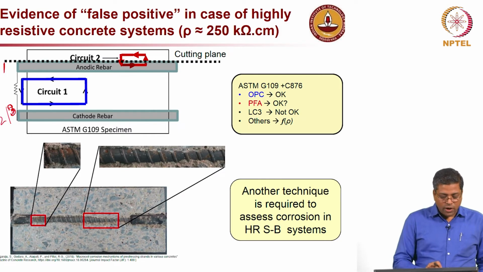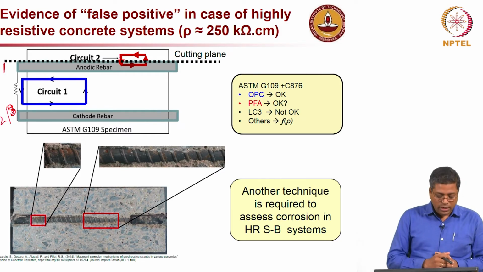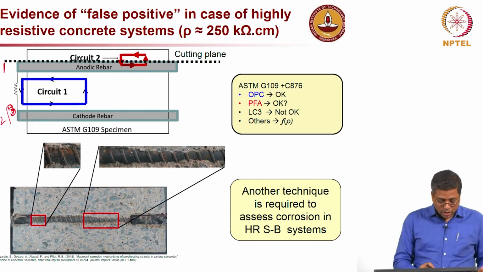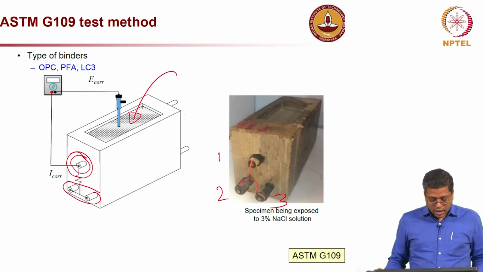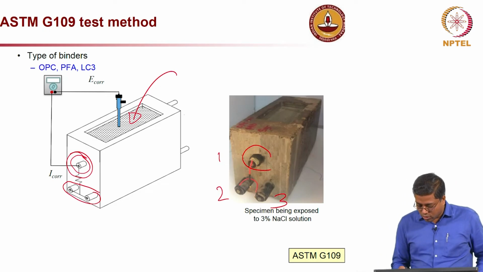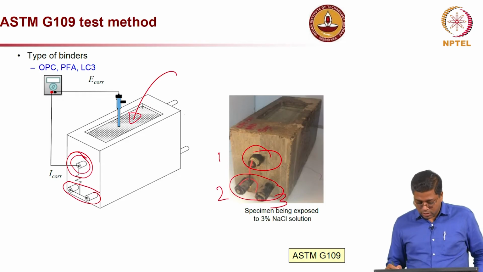So, circuit 1 between the anodic rebar at the top and the cathodic rebars at the bottom is what usually happens in this kind of testing. This bar corrodes, top is the anode, the bottom is the cathode.